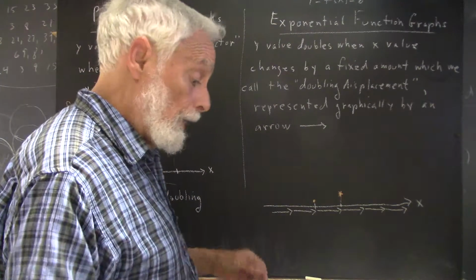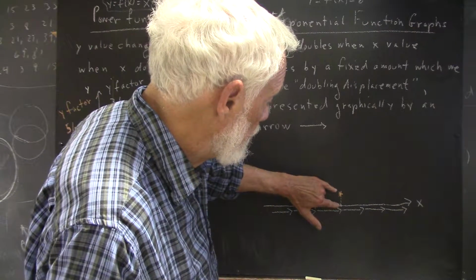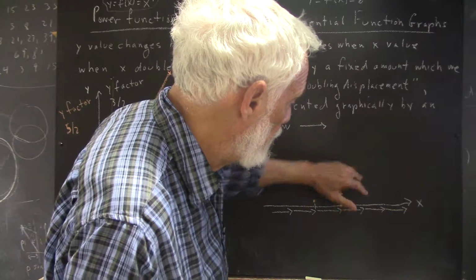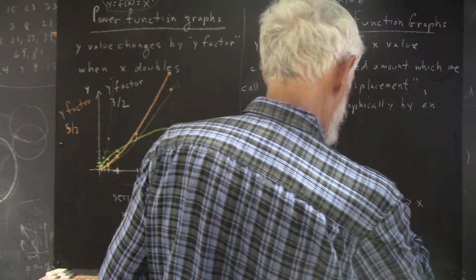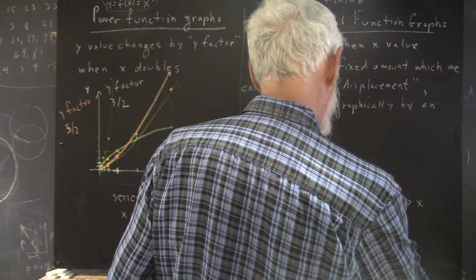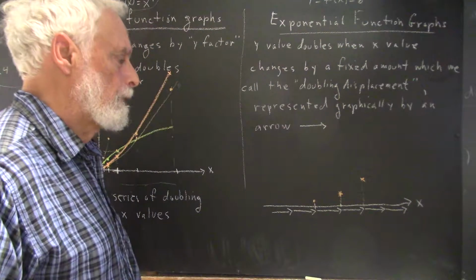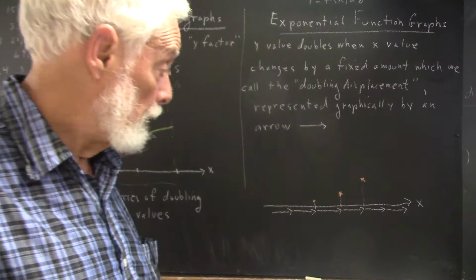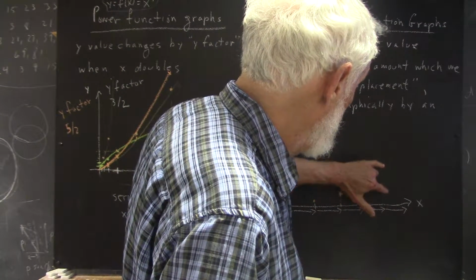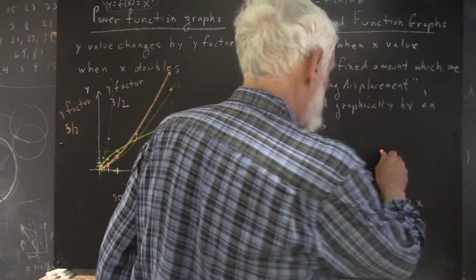Then I can double that y value. This compass won't manage that, but I come over here and I believe I get a point directly above this x value, about here. And then I can double that again, so I come over to here, double it, and I'm up here.